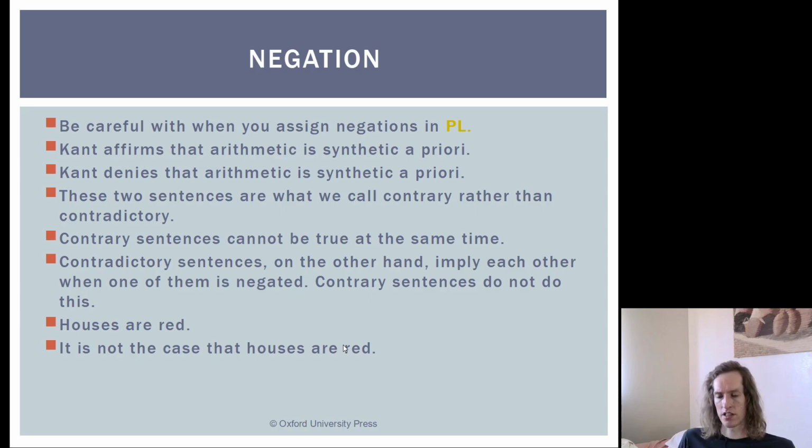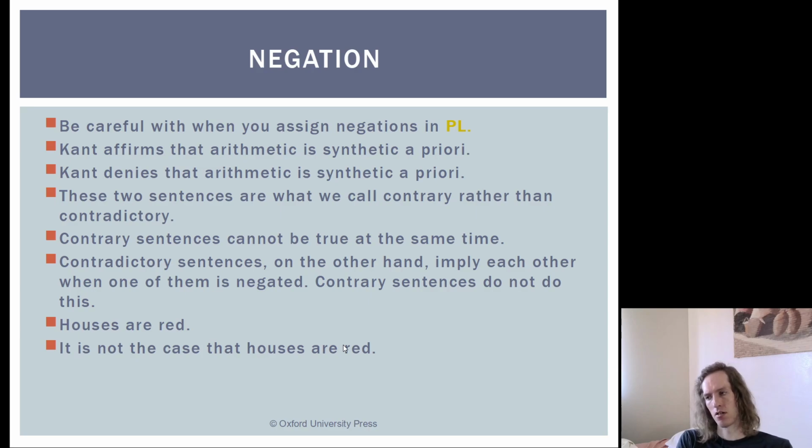So the difference between contraries and contradictories isn't going to come up a whole lot, but it is important for our purposes that if I have a simple sentence, let's say A, and I have not A, then these are the only two possibilities.